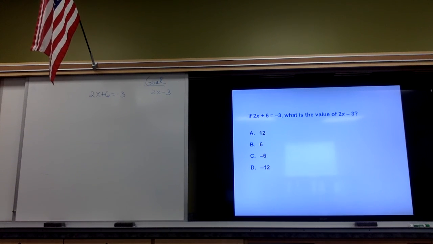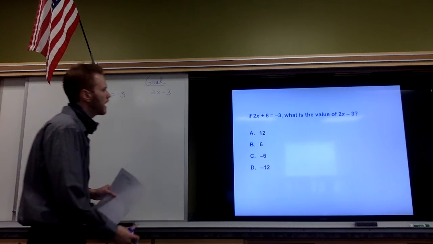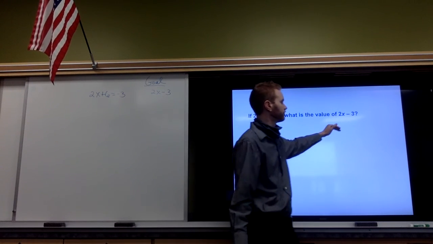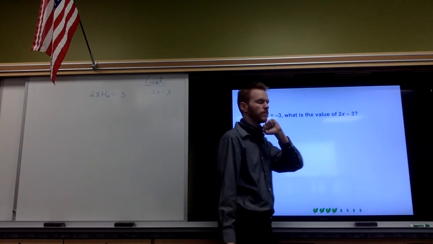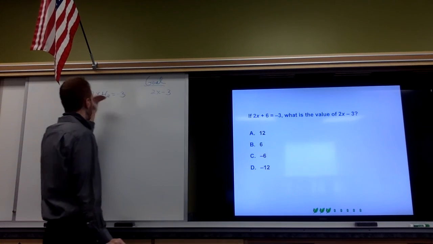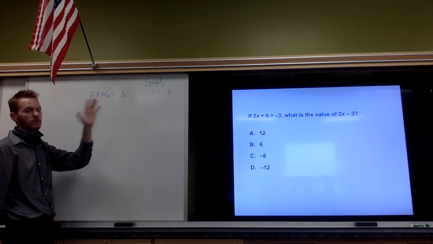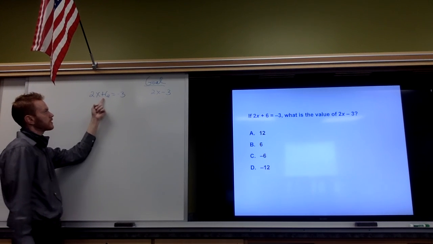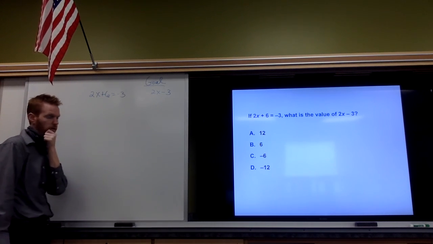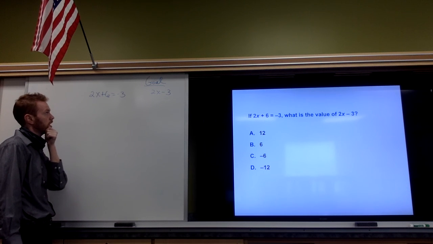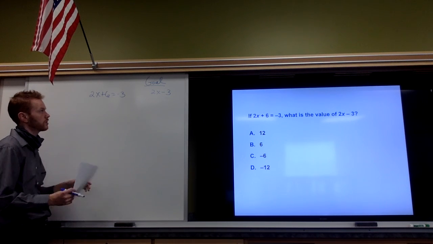So 2x plus 6 equals negative 3. What's the value of 2x minus 3? What does that expression equal? Well, I want this to look like this. The 2x I'm leaving alone, but how do I get 6 to be negative 3? What can I do? I think I have to subtract 9. Don't you think?